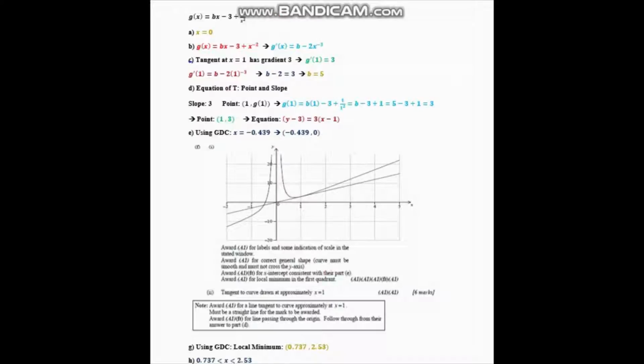Hence, when x equals 1, the corresponding value of y is 3. So I have a point, I have a slope. Next, I find the equation by plugging into the point-slope formula, and there it is: y minus 3 equals 3 times x minus 1.